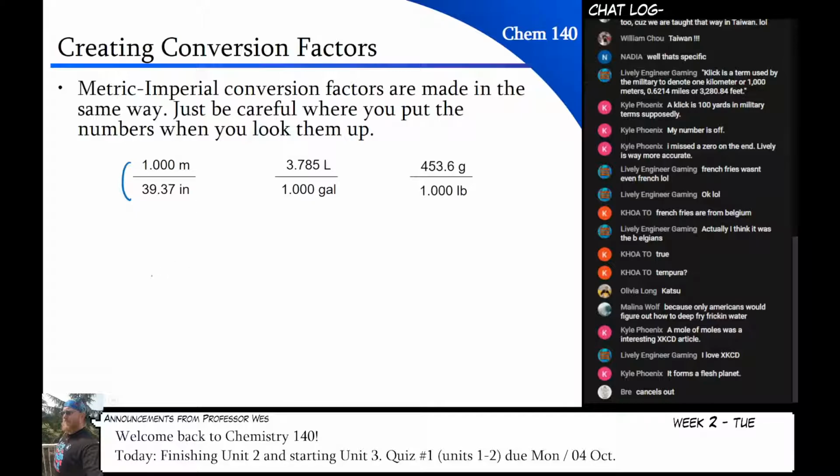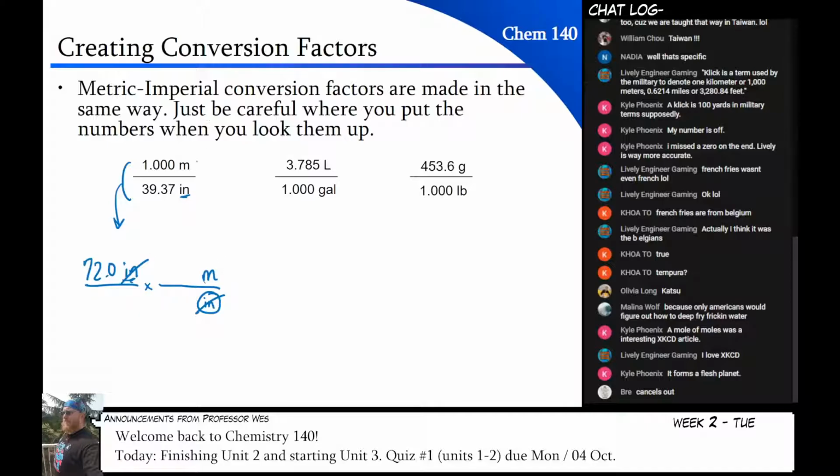Now you could do the same process. So if I am, I gotta do the math here, 72 inches tall, and I want to figure out how many meters tall I was, I could use this conversion down here. But I need to set up the units so that they cancel out. So this unit right here and this unit right here have to match. So my inches needs to go on the bottom so that they'll cancel out.